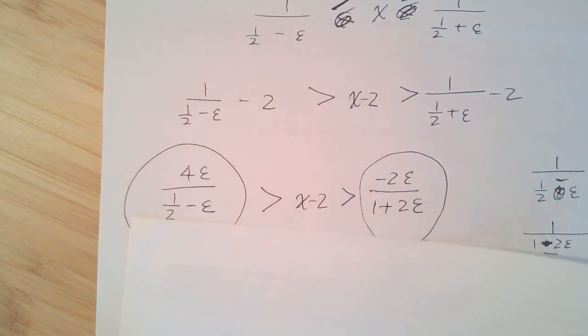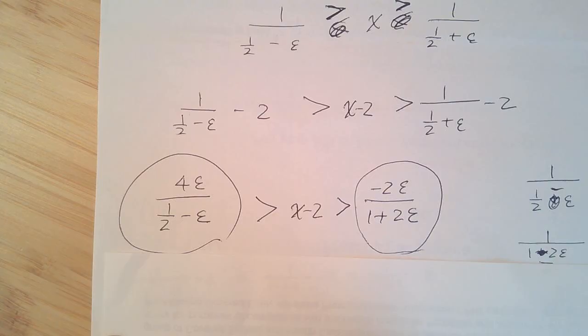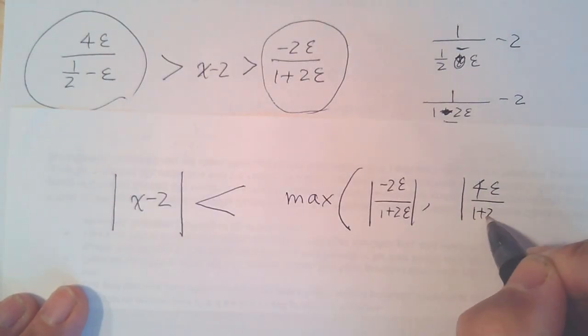So once you have this, then you're going to have x minus 2, the absolute value is less than the maximum of the absolute value of negative 2 over 1 plus 2 epsilon, and the other one is 4 epsilon over 1 plus 2 epsilon.